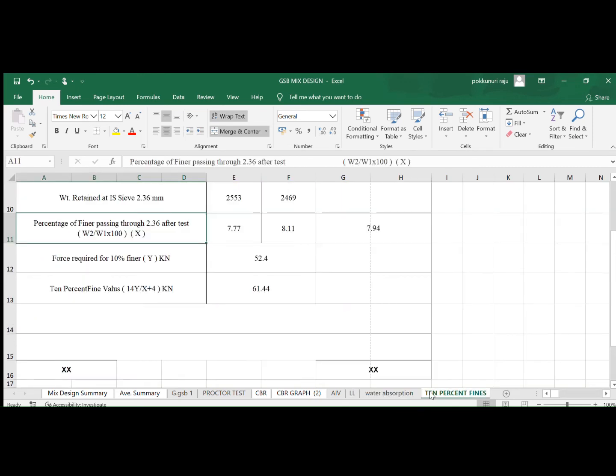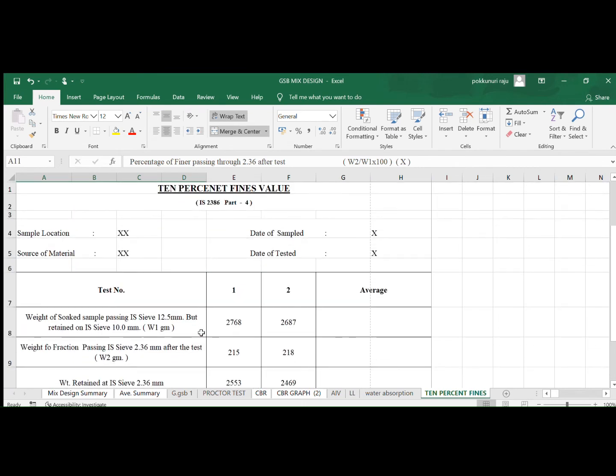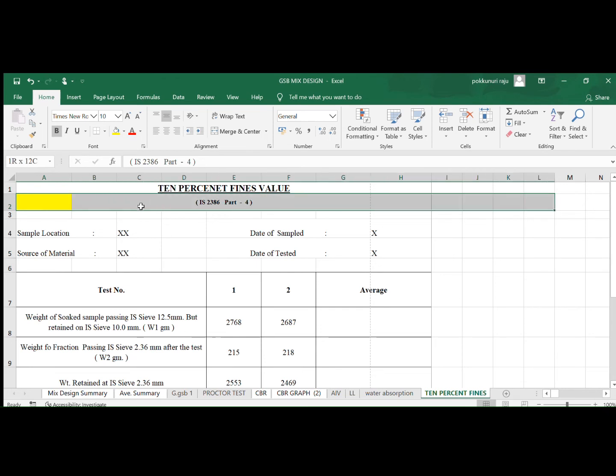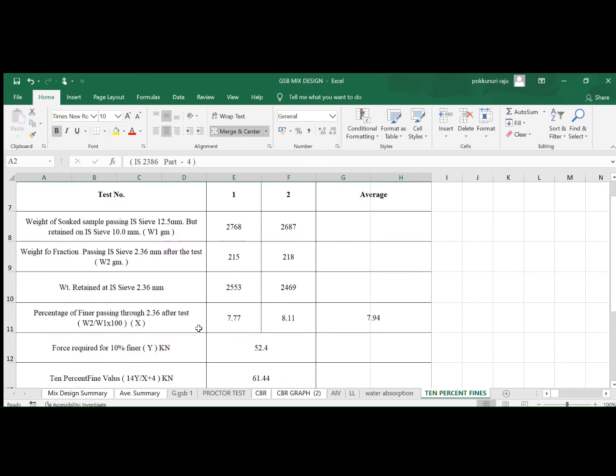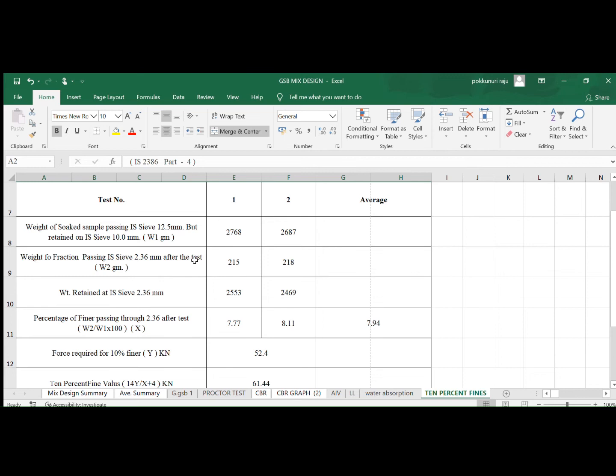Once the water absorption is done, the 10% fines value is checked as per IS 2386 part 4. Again, the weight of the soaked sample which passes the 12.5 mm sieve and is retained on the 10 mm sieve is taken for the test.